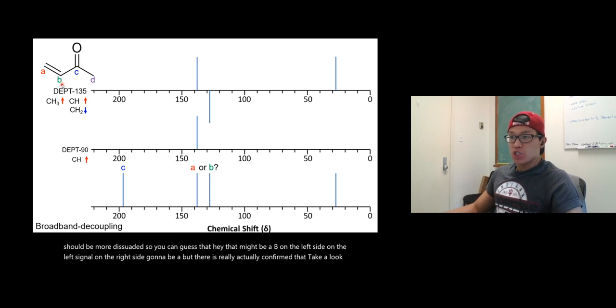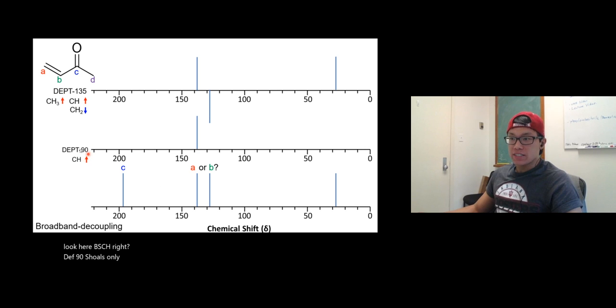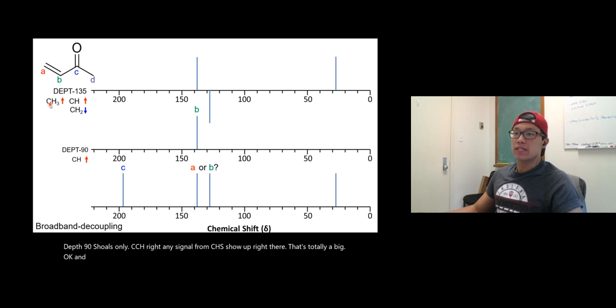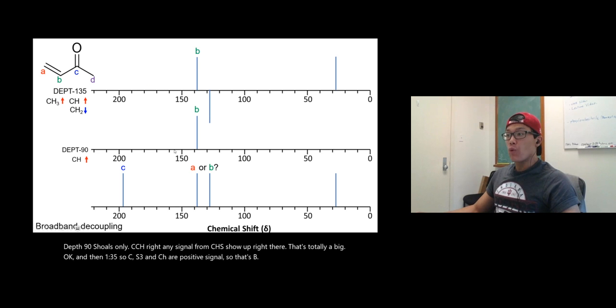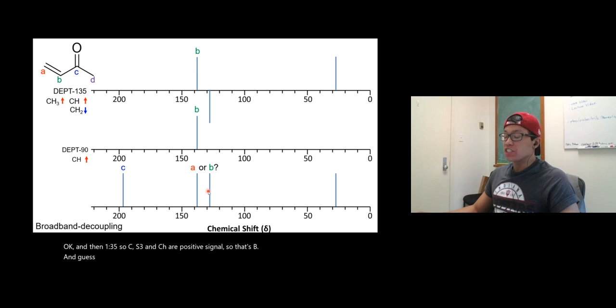B is a CH, and DEPT 90 shows only a CH. Any signal from a CH shows up right there. That's totally B. And DEPT 135 shows CH3 and CH as positive signals, so that's B.